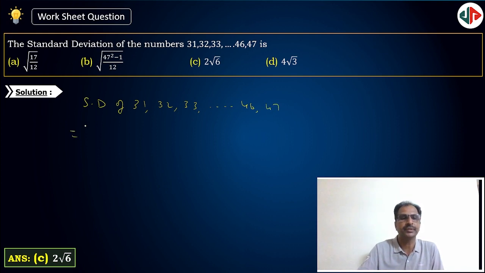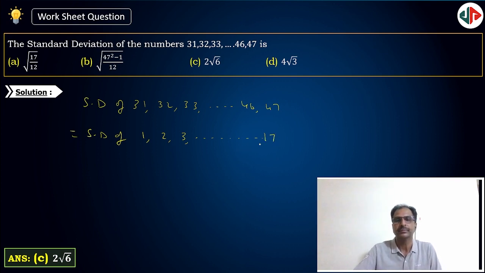So what I am doing is subtracting 30 from each number. So 31 minus 30, 32 minus 30, 33 minus 30, like that 47 minus 30, 17. From each number I subtracted 30, so standard deviation remains the same. Now these are 17 natural numbers.